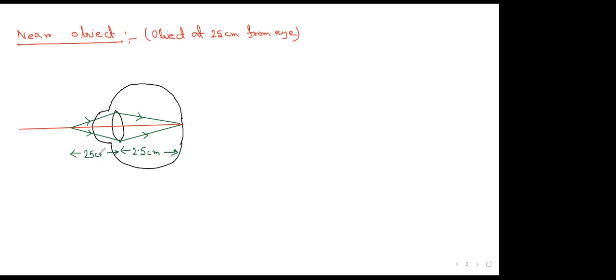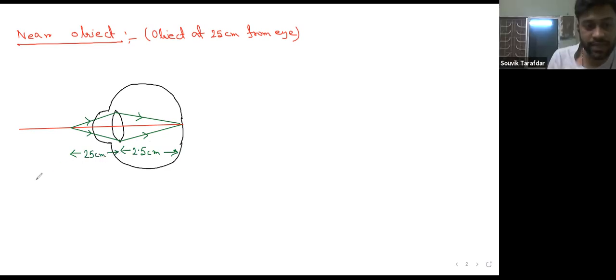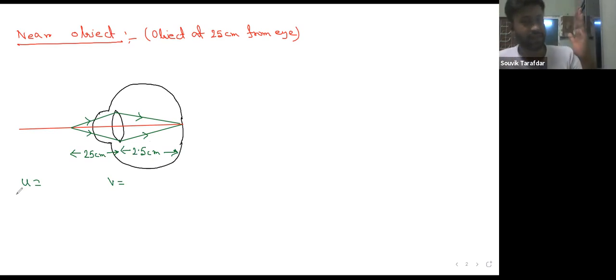Then tell me the object distance and the image distance. Where the object is placed, where you keep your book. Here, this is you, this is your book, and somewhere here is the retina.